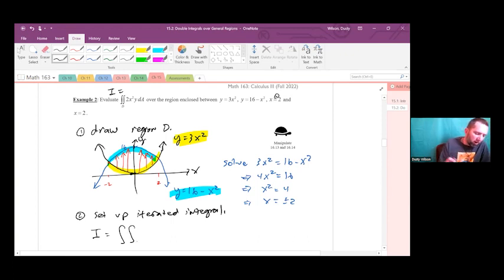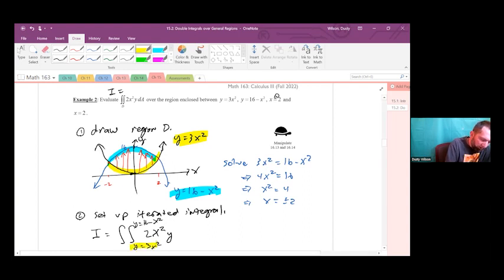The integrand is going to be 2x squared y, and we're going to start on the bottom, which is yellow, or at y equals 3x squared. And we're going to go to the top, which is at y equals 16 minus x squared.